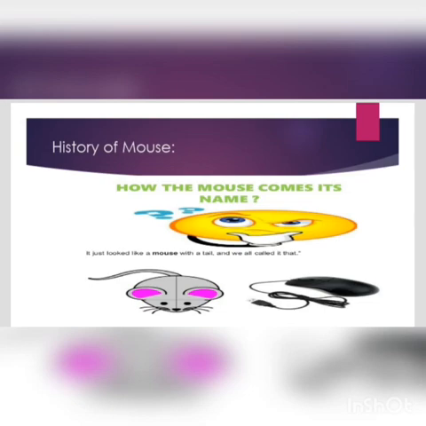Both of them have a tail. So the computer mouse just looks like an animal mouse because it has a tail in the shape of a coil. So that's why we call it a mouse.